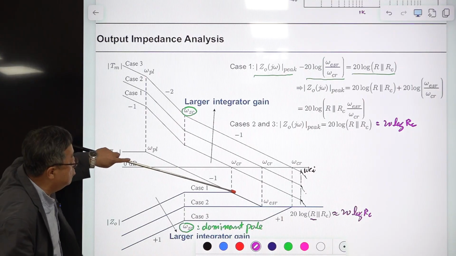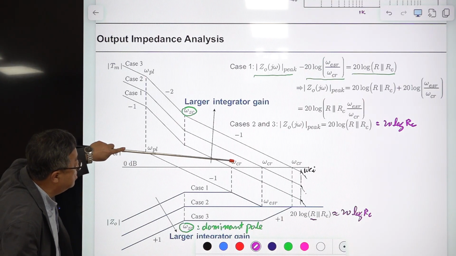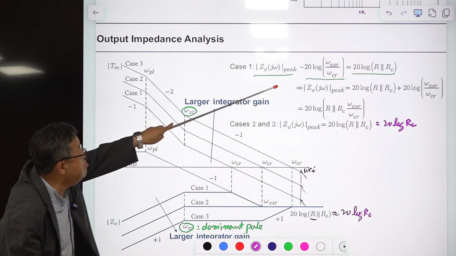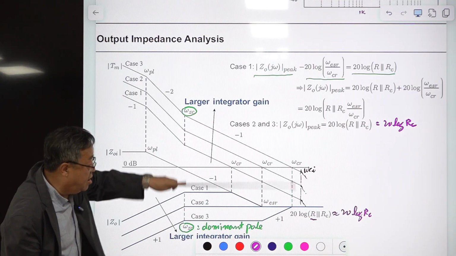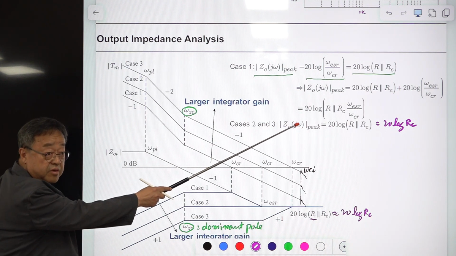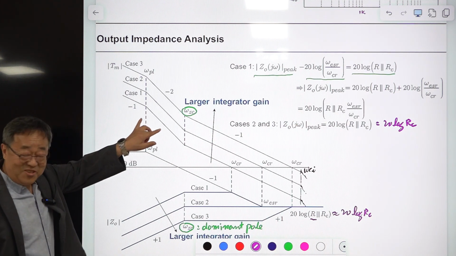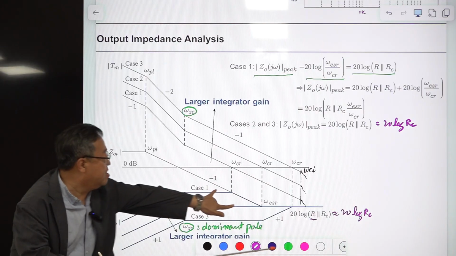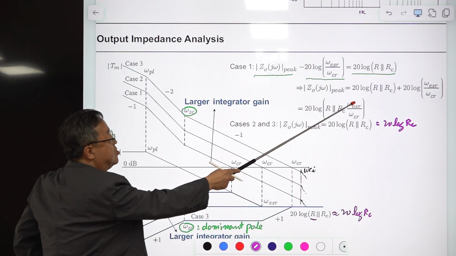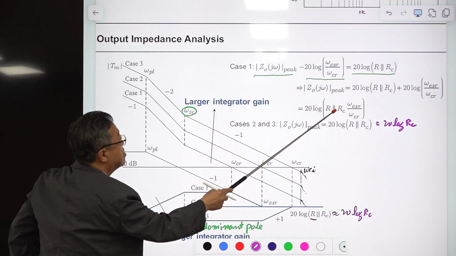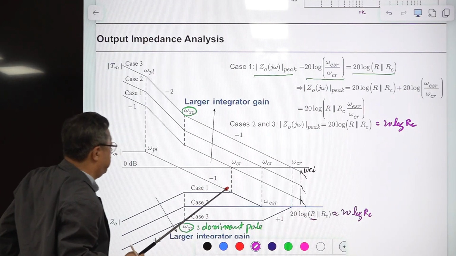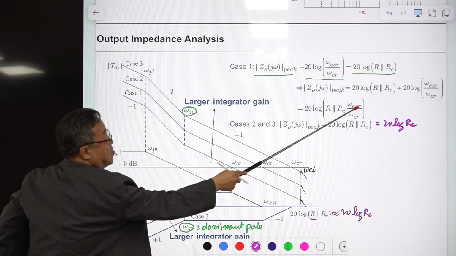So the maximum value is declining from this frequency to this frequency by a slope of this. That becomes this one. So you have this simple equation. Okay, this is not just the graphical interpretation of this distance. Then this becomes this linear equation. Then this becomes this. Then the maximum value of the output impedance of case 1 is simply this one.